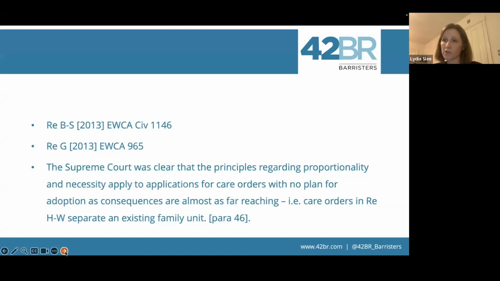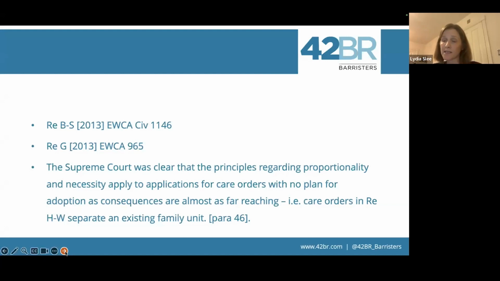And what is crucial, because automatically when we're looking at placement orders, we think of RE-B, RE-BS, but the Supreme Court endorsed the fact that care orders need to be given the same amount of scrutiny in terms of assessing the issue of proportionality and indeed the balancing exercise.